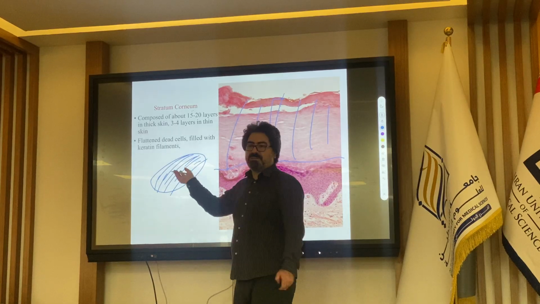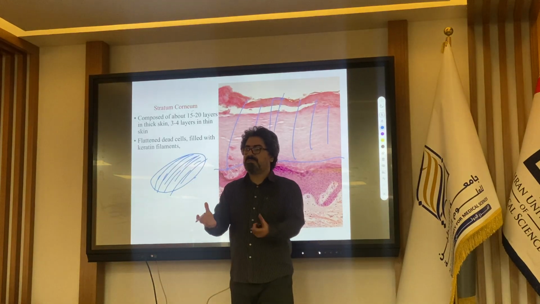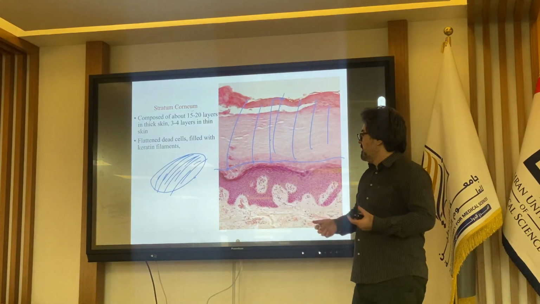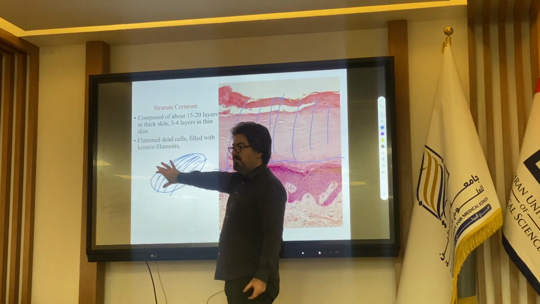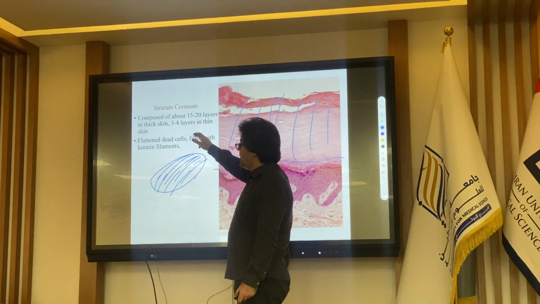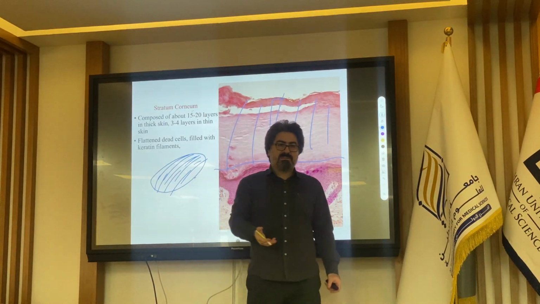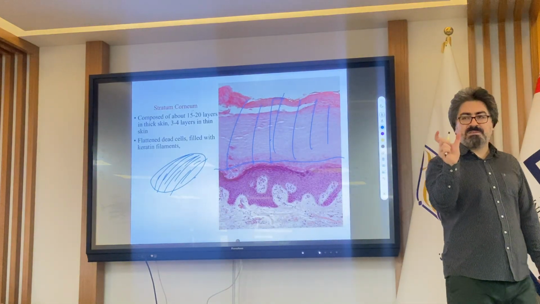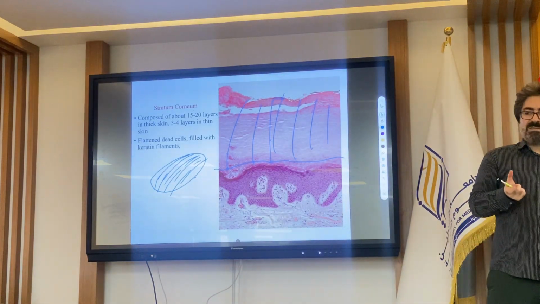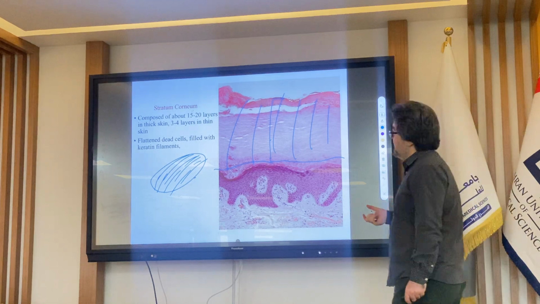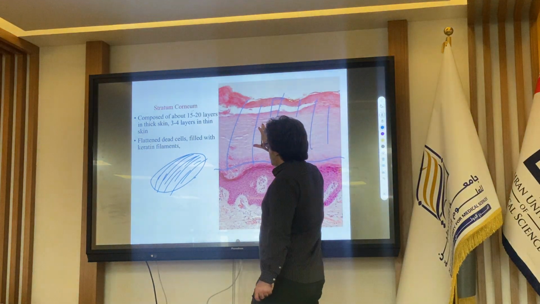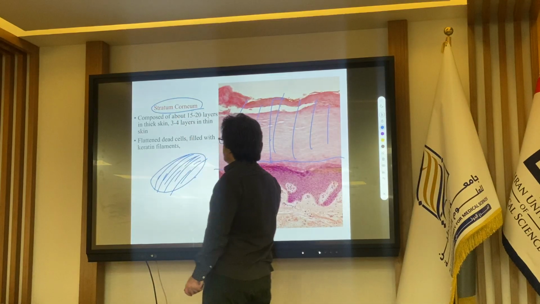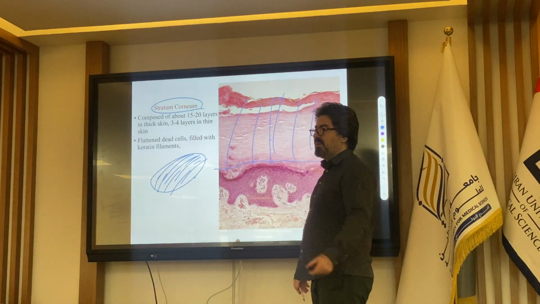A cell filled with just keratin, without any nucleus, any organelle. This is a dead cell, and it is known as a cornified cell or keratinized cell. Keratinized cell means filled with keratin. So this layer that is composed of dead cells is known as the stratum corneum.